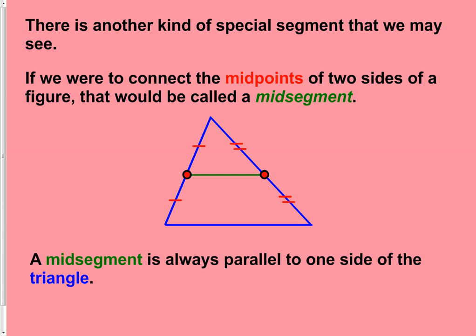Then what happens is there is a guarantee that the mid-segment that you just drew in is going to be parallel to that third side that we have not messed with yet. Okay, and that becomes important because if we know we have parallel lines, then that brings into play corresponding angles, same side interior angles, and stuff like that.